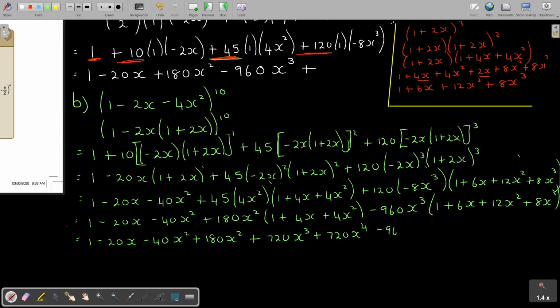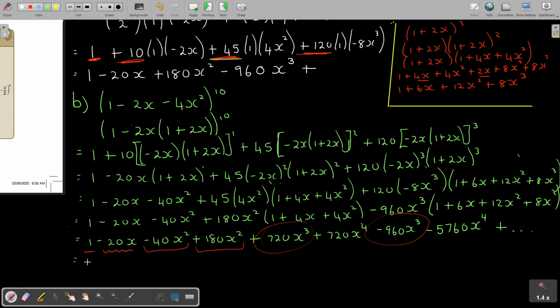Okay, then minus 960 x3, minus again, so it's 960 times that 6, so it's minus 5760. That will be x4, and I think it will become now too big. Do you see? It's x5, so you can just do this. You don't have to, because you want just the first 4 terms. So this is the first, this is the second, this one is a square, so you want still this one, and I think up to this one. This is a x3. The x4s you can leave out.